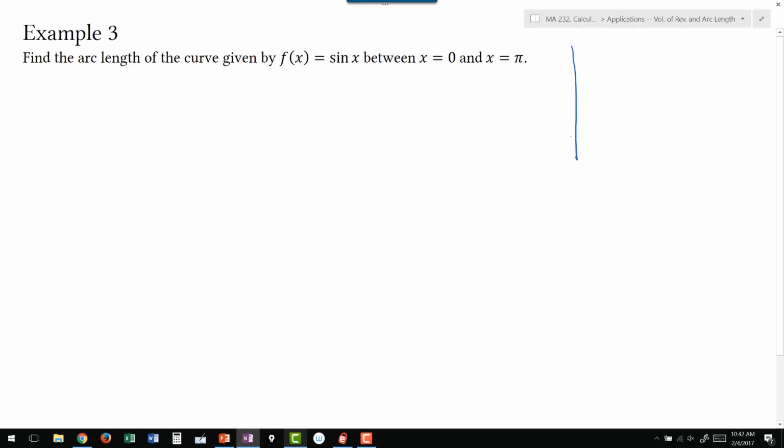Our next example shows what is a fairly straightforward application of the arc length formula, where we're going to find the length of the curve, f of x equals sine x, between 0 and pi. We start with a quick sketch of what the sine curve looks like.